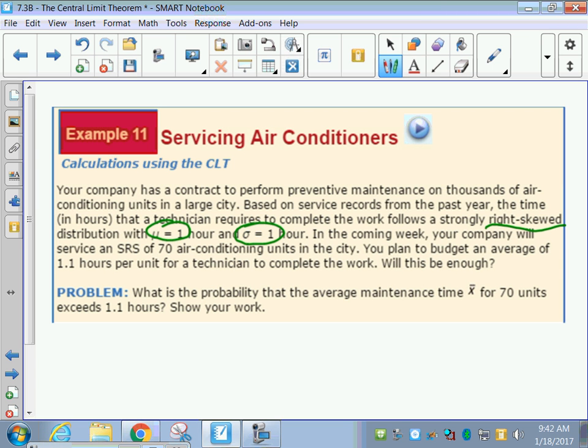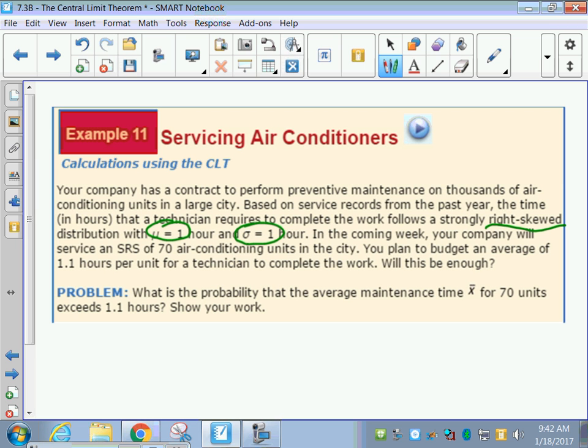In the coming week, your company will service a simple random sample of 70 air conditioning units in the city. You plan to budget an average of 1.1 hours per unit for a technician to complete the work. Will this be enough time? What's the probability that the average maintenance time x bar for 70 units exceeds 1.1 hours?